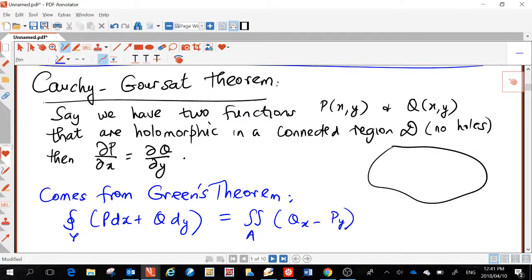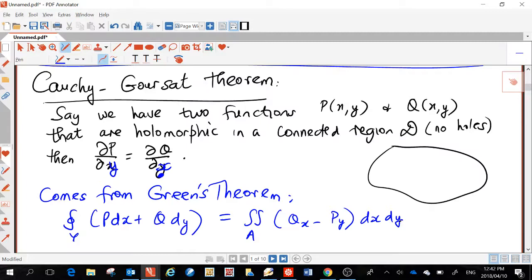So this is a mistake. This should be the other way around here. ∂p/∂y equals ∂q/∂x. Sorry, correct that. That's a mistake. ∂p/∂y equals ∂q/∂x, dx dy, over some area.